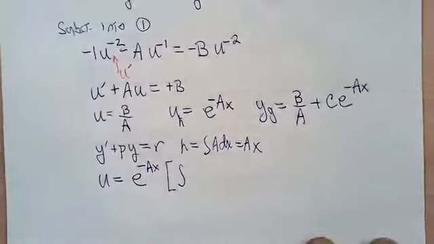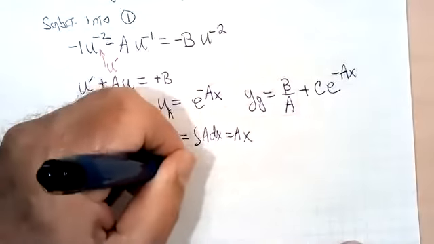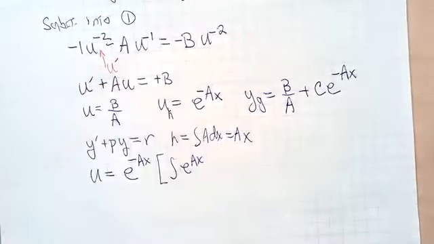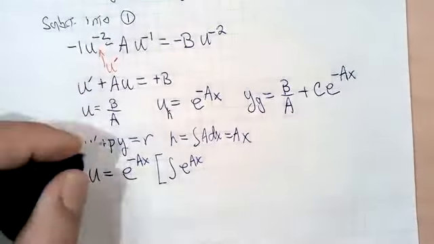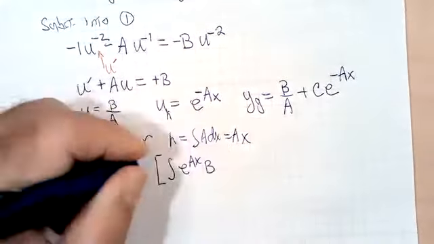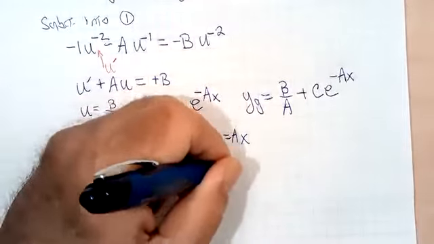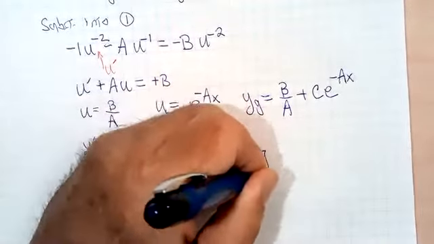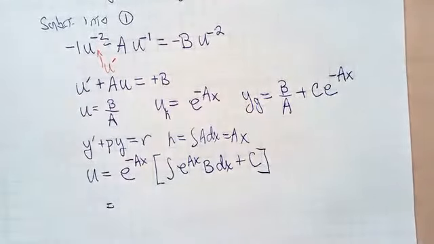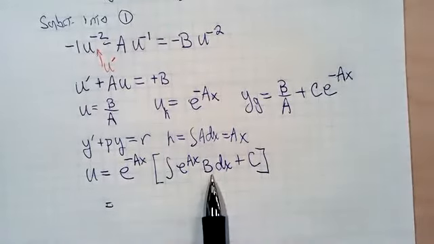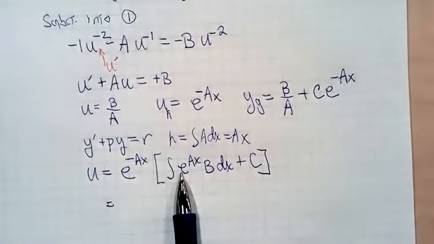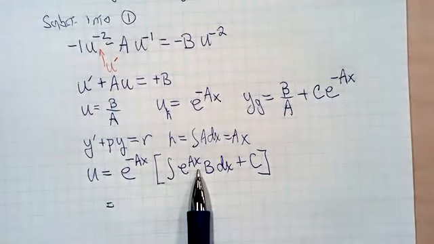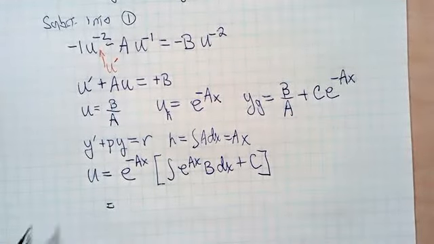times the antiderivative of e to the h times r dx plus c, which is, okay, this is constant b, comes to the outside of the integral. Antiderivative of e to the ax is 1 over a e to the ax.